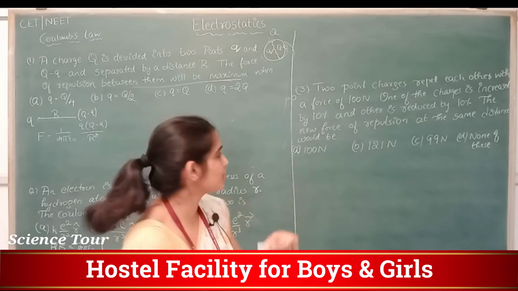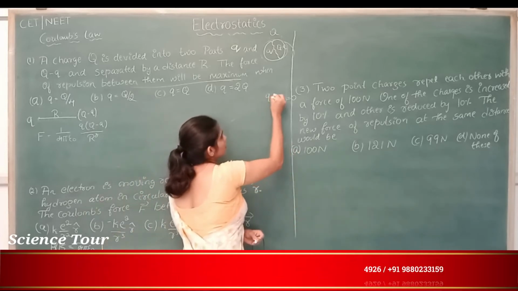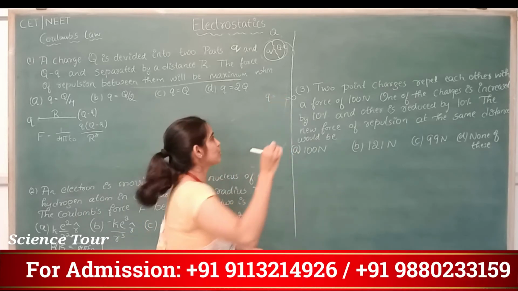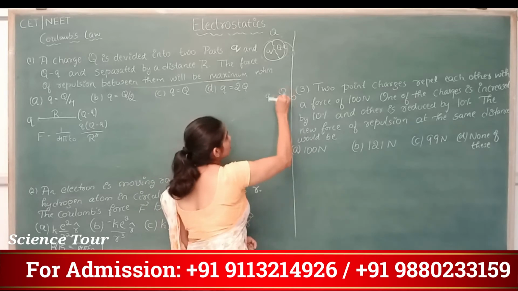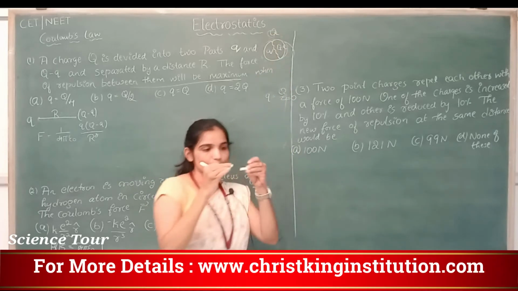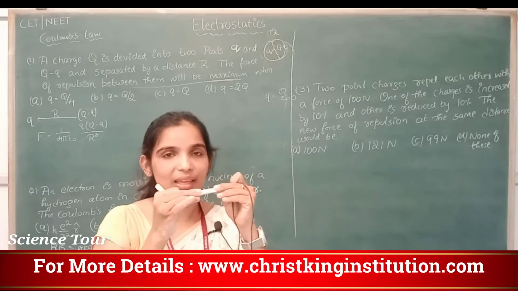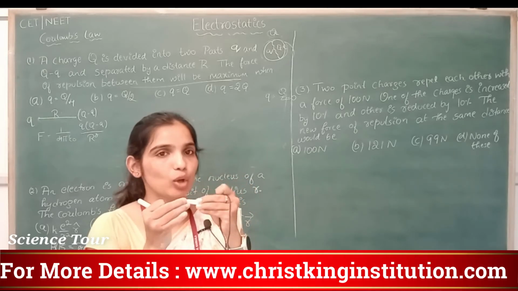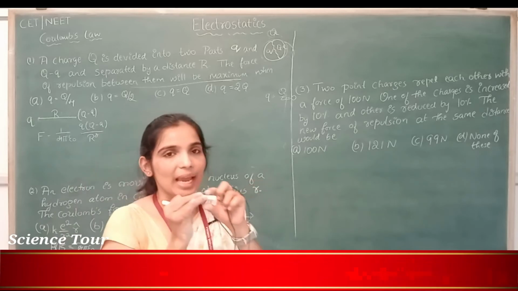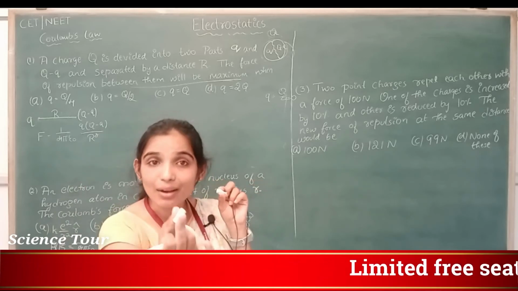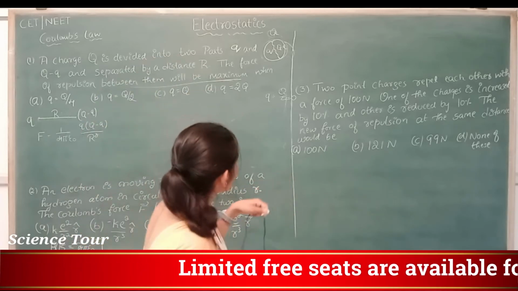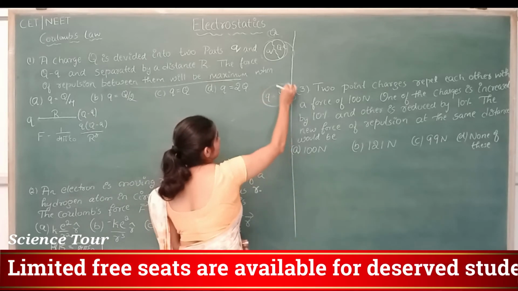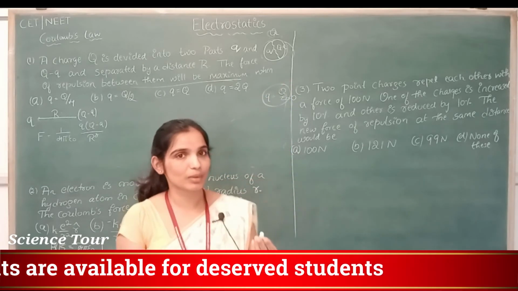What is the value of this? Q by 2. Q is the value of the total charge. When it was whole, the charge of this whole thing was capital Q. If the other part is half of the whole value, then the force of repulsion between them is maximum.